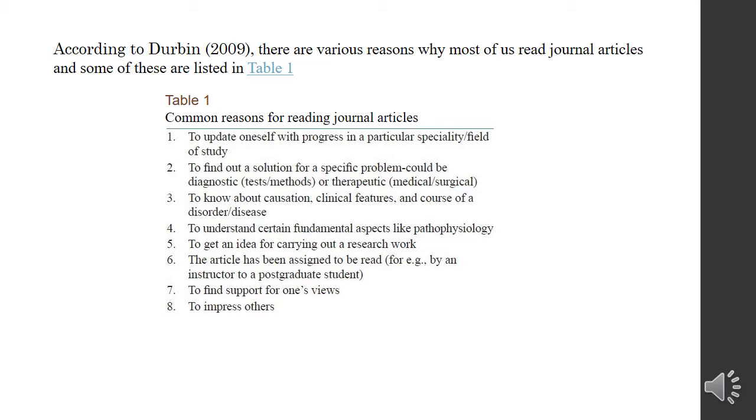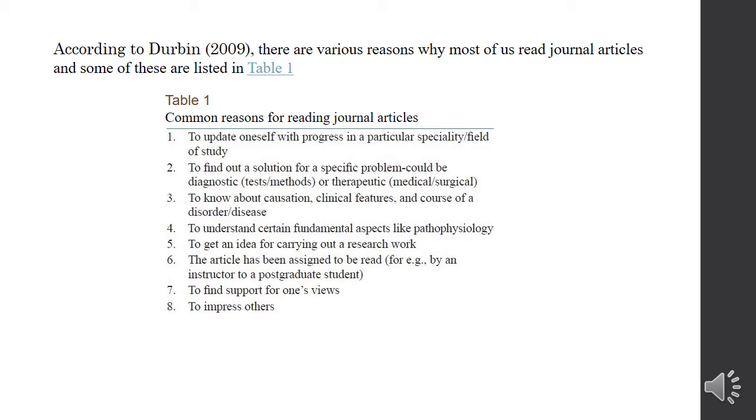What are the reasons for reading journal articles? According to Dubin, there are various reasons why most of us read journal articles, and some of these are listed in the following table. First, to update oneself with progress in a particular specialty or field of study. Second, to find a solution for a specific problem that could be diagnostic or therapeutic.